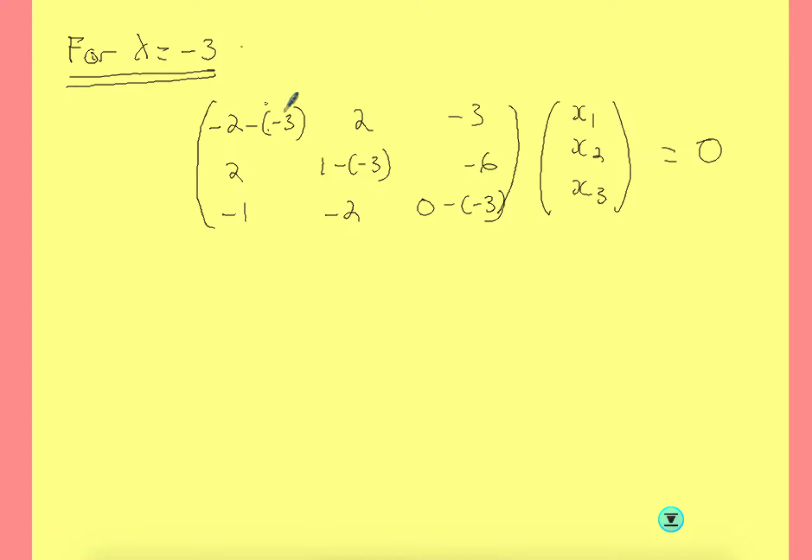I've just not written down the -2 take away lambda, 1 take away lambda, 0 take away lambda thing. I've just chucked in a -3 straight away. So okay, that's 1, 2, -3, 2, 4, -6, and -1, -2, 3.